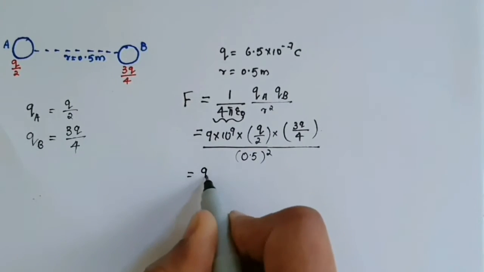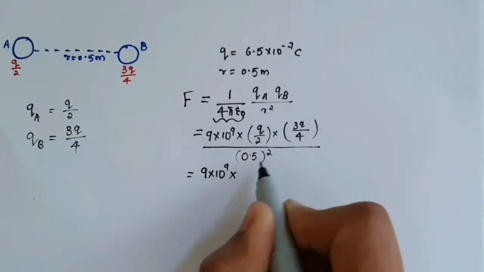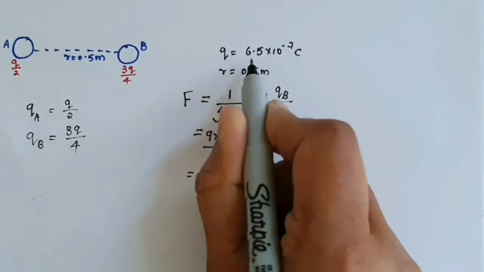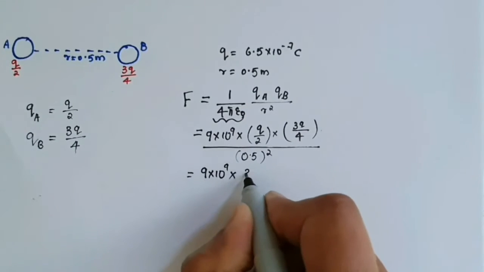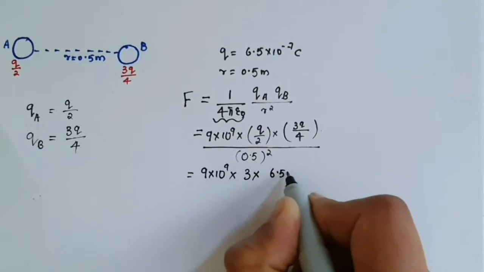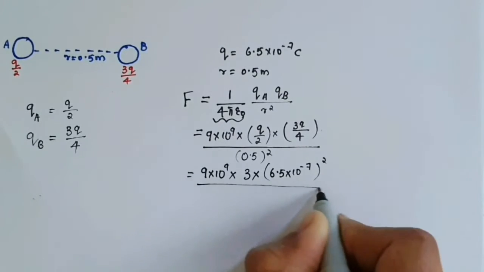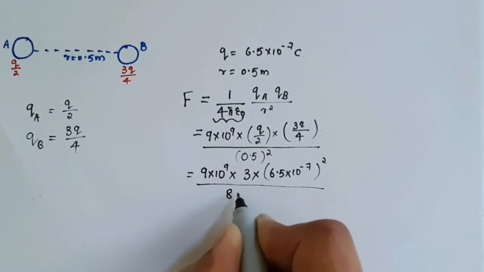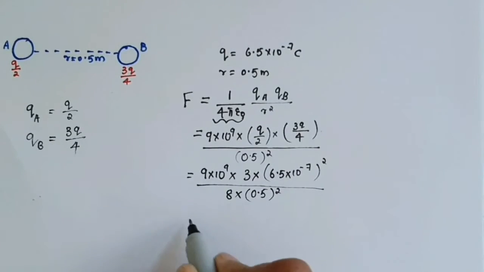This is equal to 9 into 10 raised to 9 into Q into Q, Q square. Now what is Q? That is 6.5 into 10 raised to minus 7 coulomb. 3 into 6.5 into 10 raised to minus 7 whole square, all divided by 2 into 4, 8, into 0.5 whole square.